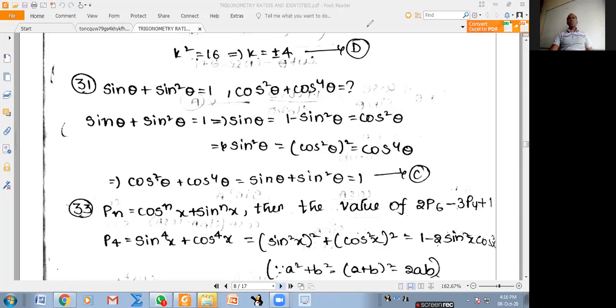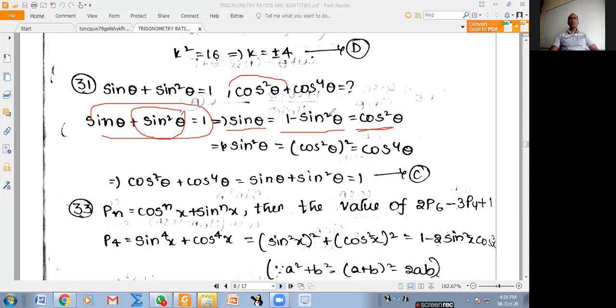Just a manipulation here. So all these are okay. One may say how to get the idea. When you get the idea on your own, you'll find it. In the beginning, it appears so. Sin theta plus sin square theta is 1. This sin square theta I want to send to the other side, which is 1 minus sin square theta, which is cos square theta. So from the given equation, I got sin theta equal to cos square theta.